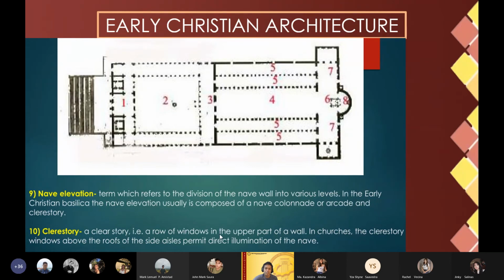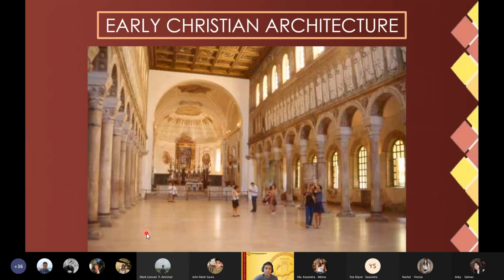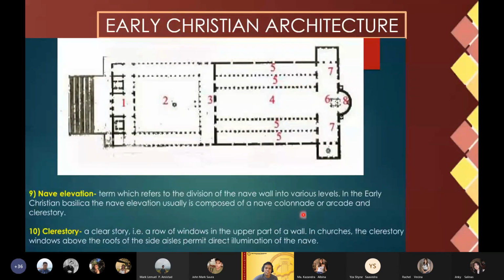Okay, so we'll stop here for this portion. Next meeting, the first 30 minutes will be a little review, and we can discuss the examples. Maybe we won't be able to do the intro to Byzantine architecture next meeting, because after here there are only examples. So our quiz next meeting from 6:30 to 7:30 is up to here, up to the parts.